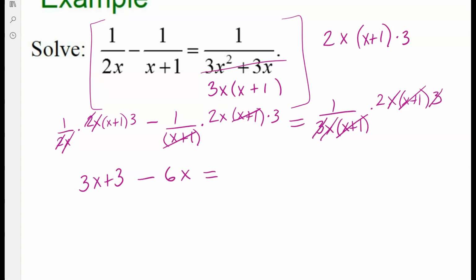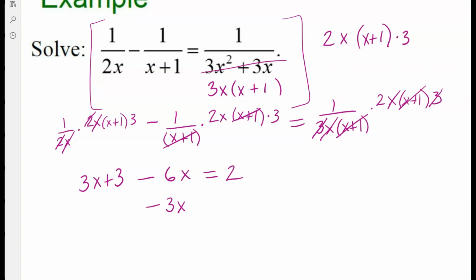And then the only thing that's left is 1 times 2, which is 2. So we took that rather complicated equation that we started with and we made it into something that's a whole lot simpler. The highest power of any of these is x to the first power, so I can combine like terms. A 3x and a negative 6x is a negative 3x. And then I have this plus 3.